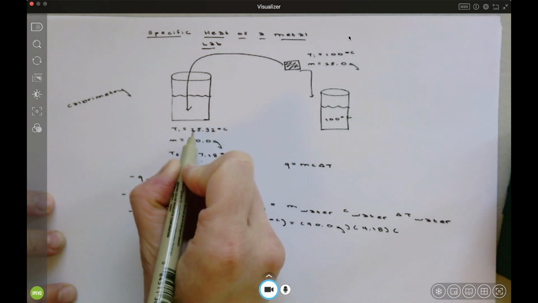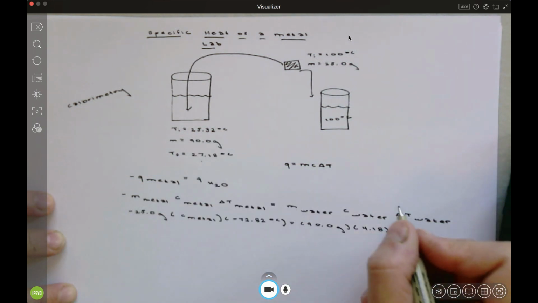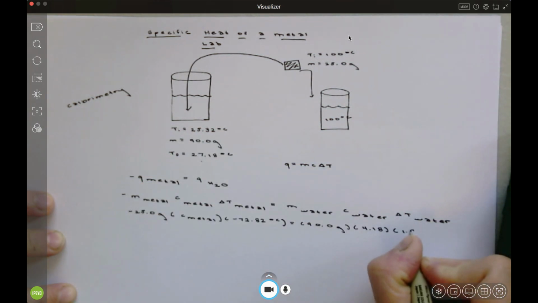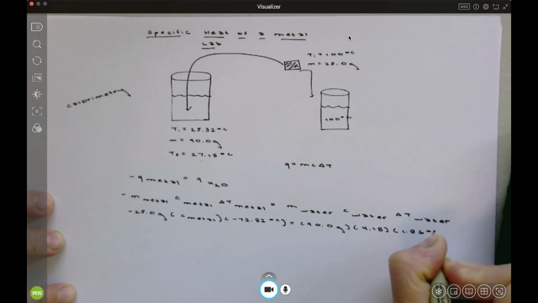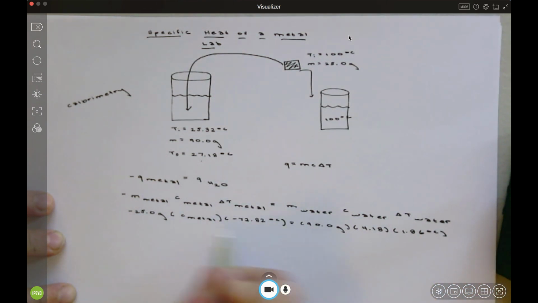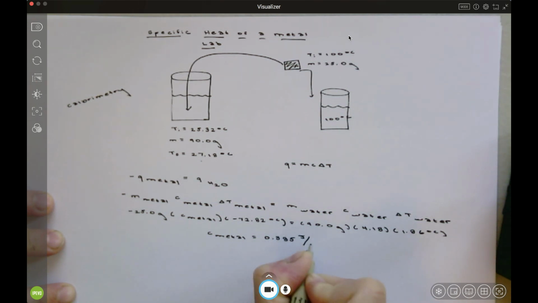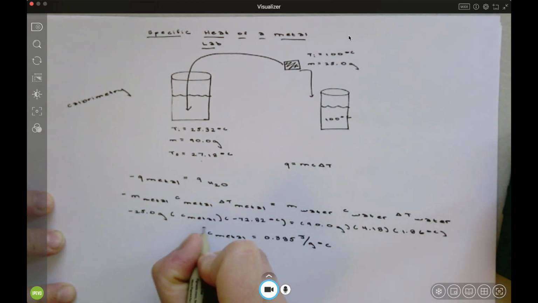It started at 25.32. And so the change in temperature of my water is going to be 1.86 degrees Celsius. Okay, so with all of this information, I now know my specific heat of my metal. I just need to multiply these guys and divide by negative 25 and by negative 72.8. And so the specific heat that I get of my metal is 0.385 joules per gram degree Celsius.